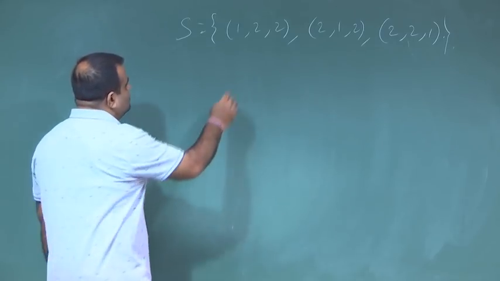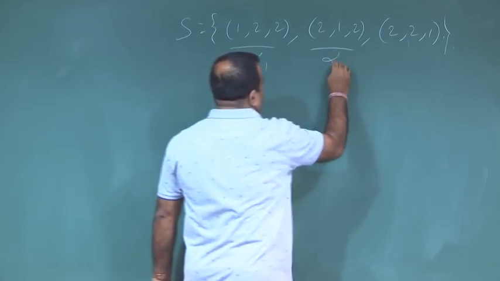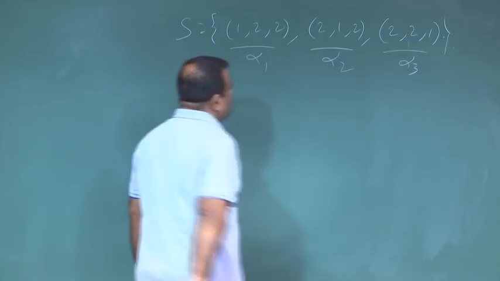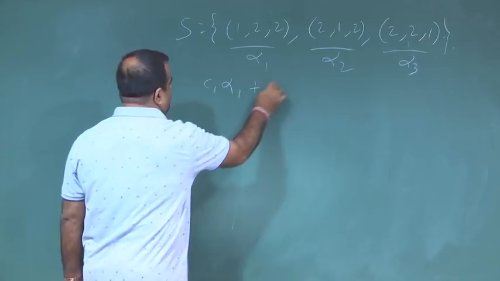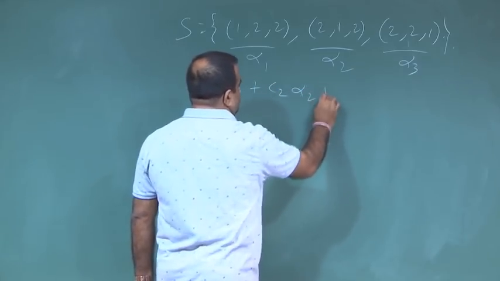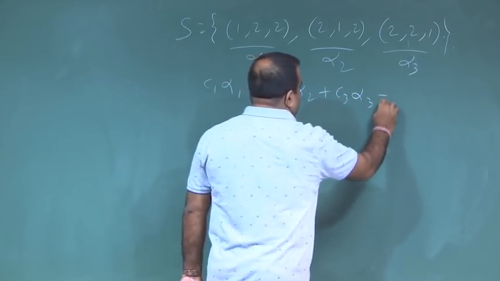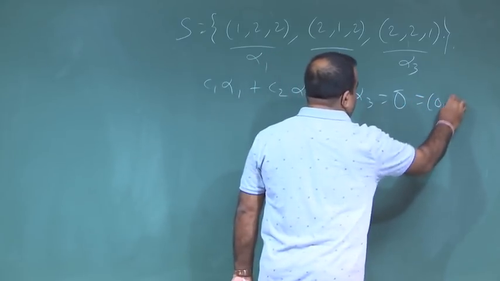To check that, with alpha 1, alpha 2, alpha 3, we take C1, C2, C3 and form C1 alpha 1 plus C2 alpha 2 plus C3 alpha 3. This is a 0 vector.